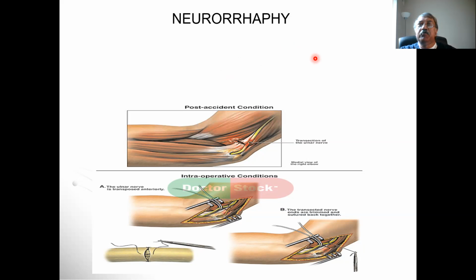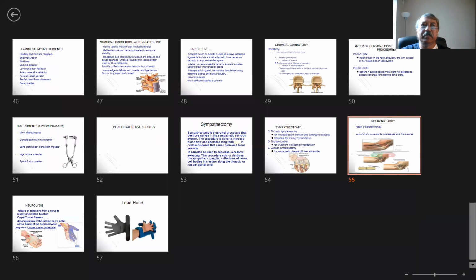They put together nerve and vessels. All of these are done using microvascular technique and microvascular suturing technique. So hand reconstruction surgery is another area where the nerve is being repaired. If you have an opportunity sometime, please take a look.